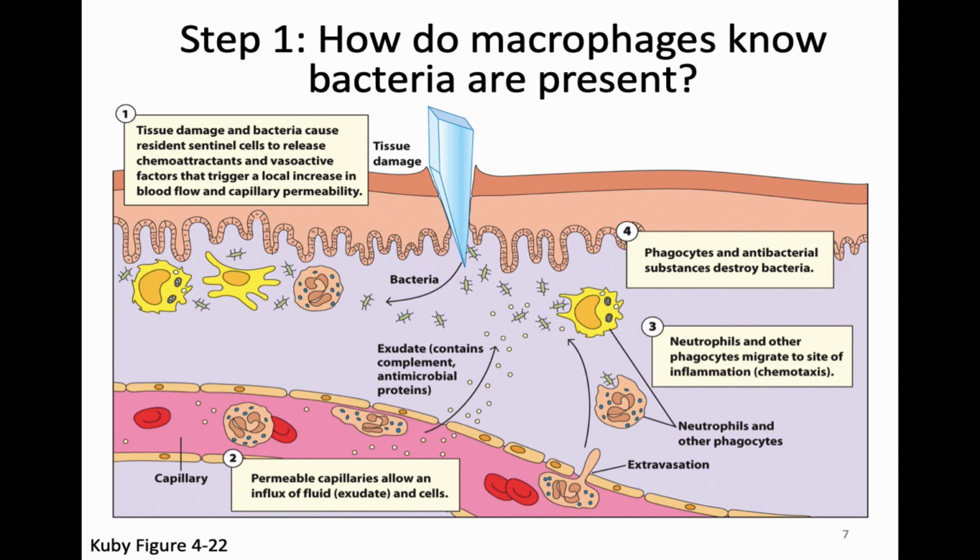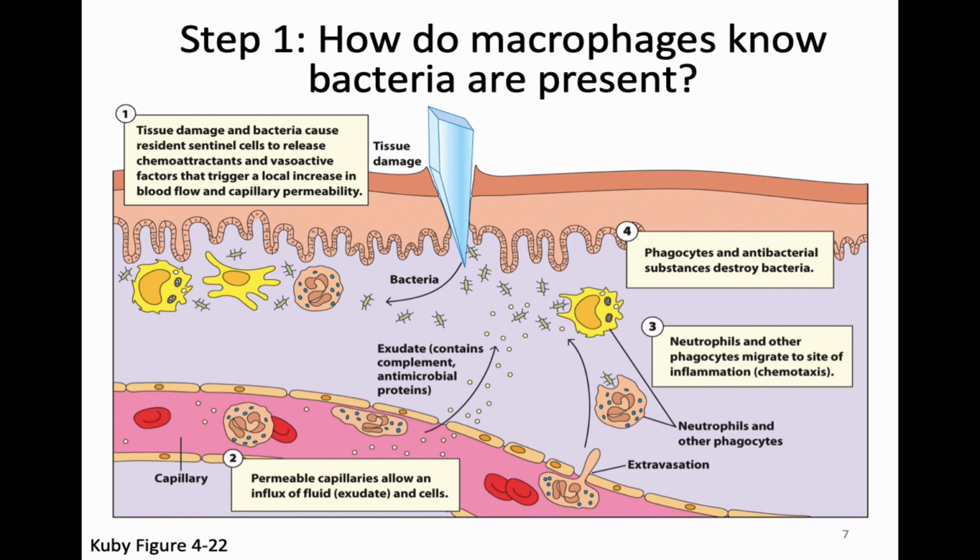We can see that tissue damage happening and bacteria coming into the system. And as the box in the upper left corner says, the tissue damage and bacteria will cause resident sentinel cells to release stuff. Those resident sentinel cells, in fact, are those resident macrophages that are in the tissue.